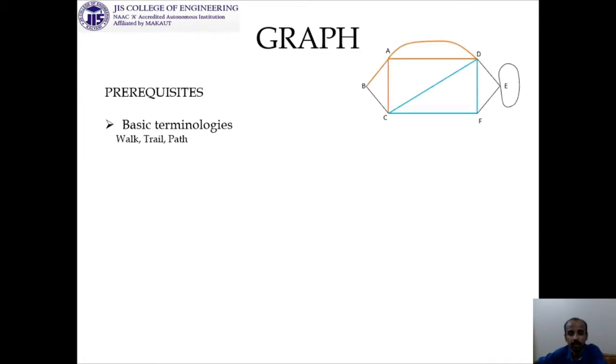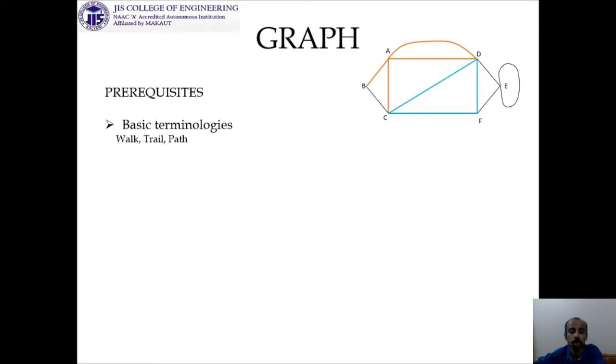So if we have a graph like this, then we have some definition of walk: we have to create one finite sequence of vertices and edges coming sequentially, and the edge within two vertices will be considered in such a way that those vertices are adjacent and that edge is incident on these two.